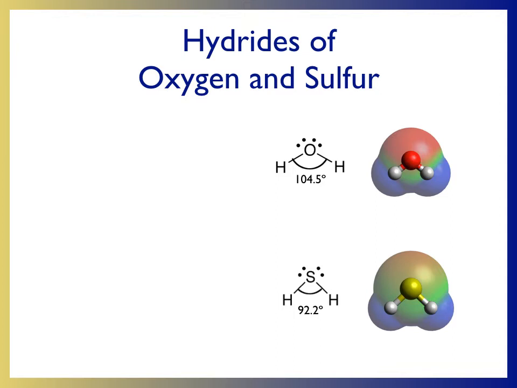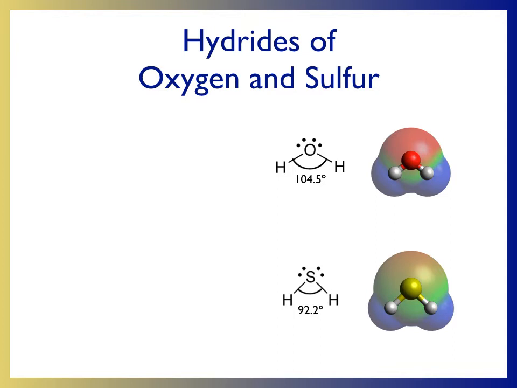The bond angle for hydrogen sulfide is closer to 90 degrees, which is the natural angle between p orbitals in an atom. This means that the sulfur atom is not hybridizing, whereas in water, where the bond angle is larger, the oxygen is hybridizing.